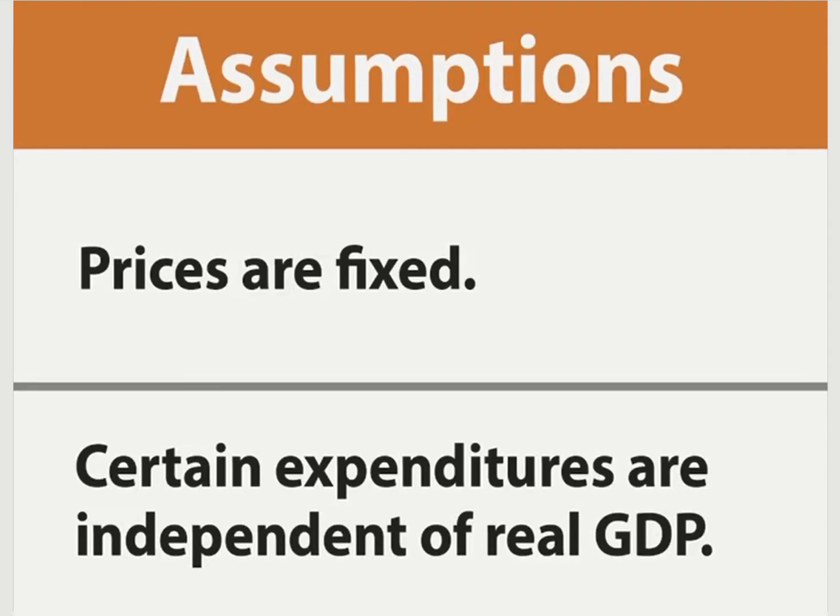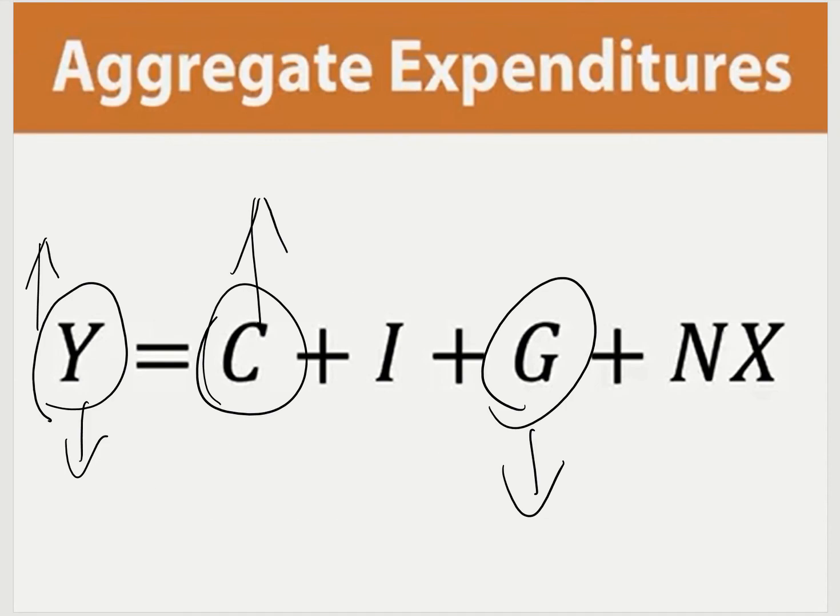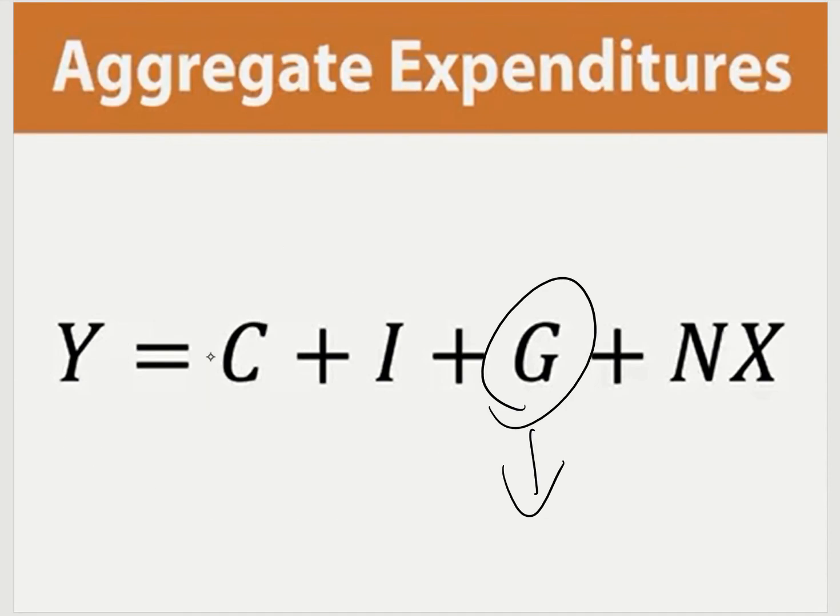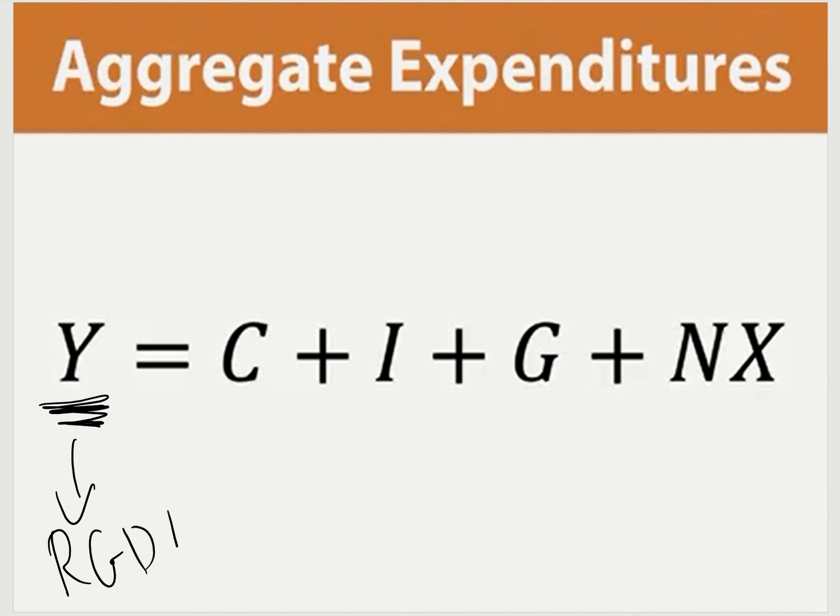All right, a couple of assumptions. First, assuming the prices are fixed. So in the short run, prices do not change in this model, so price today equals price tomorrow. And then second, certain expenditures are independent of real GDP. So if you go back to this model here, your aggregate expenditure model assumes that whenever your real GDP changes, consumption will change.